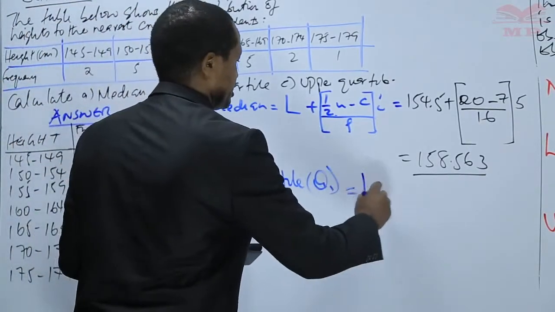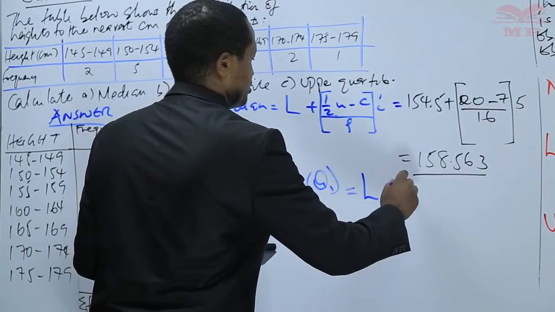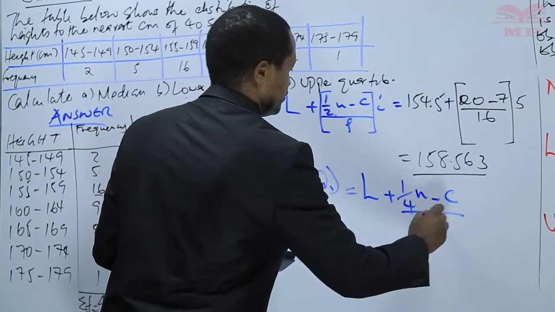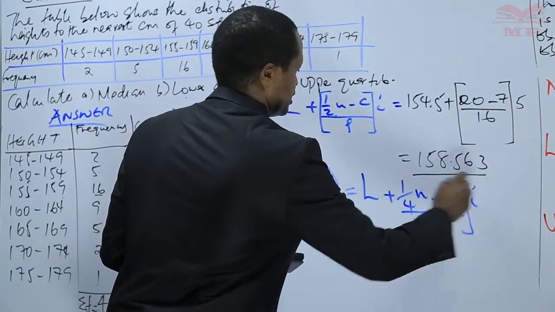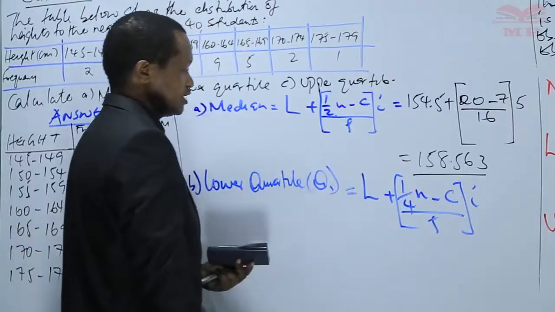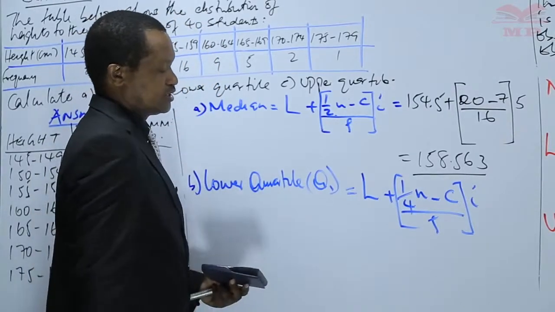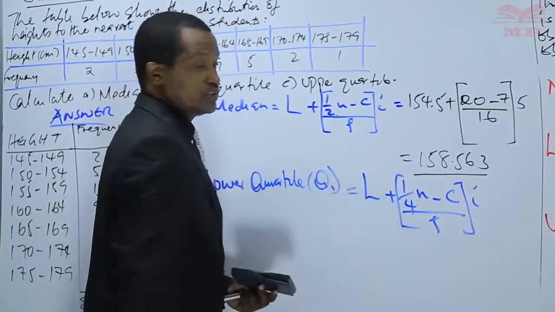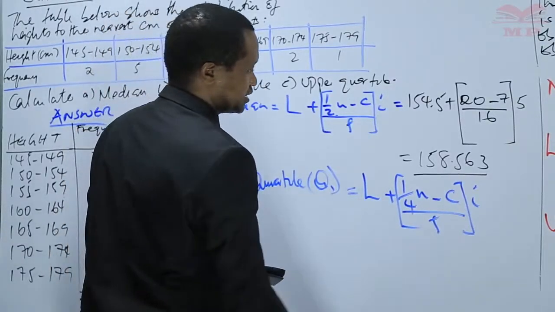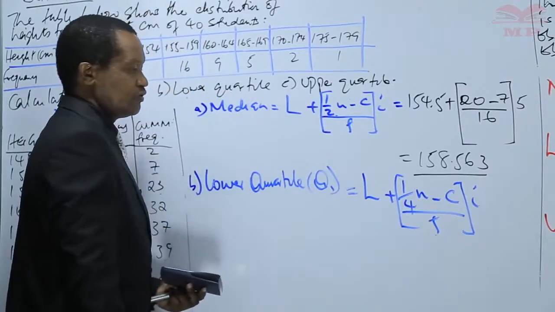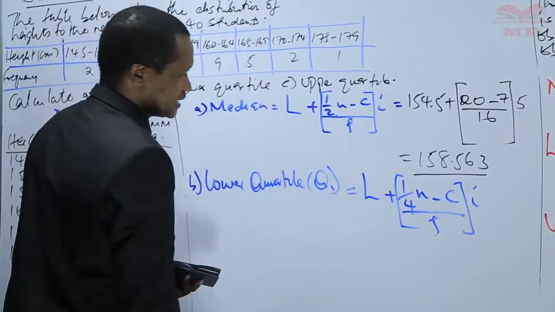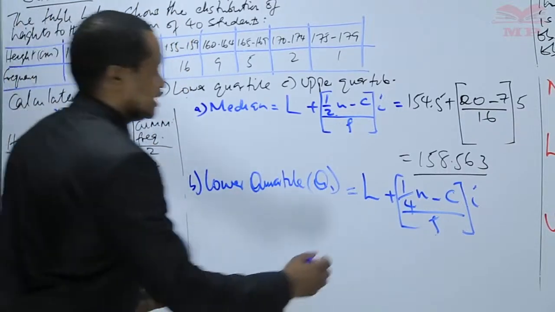The formula is L plus (1 over 4 n minus C) over F, times I, where L is the lower class boundary of the first quartile class, n is the total frequency, C is the cumulative frequency above the first quartile class, F is the frequency of the first quartile class, and I is the class interval.